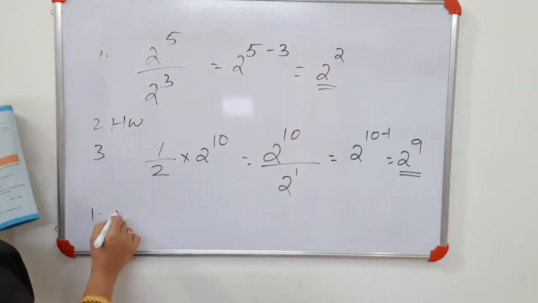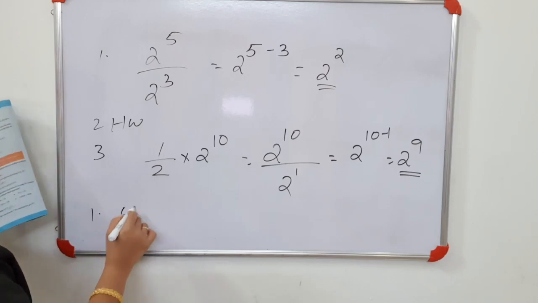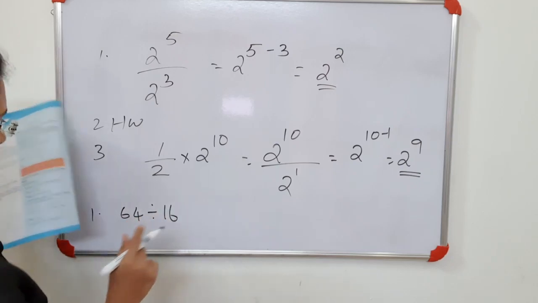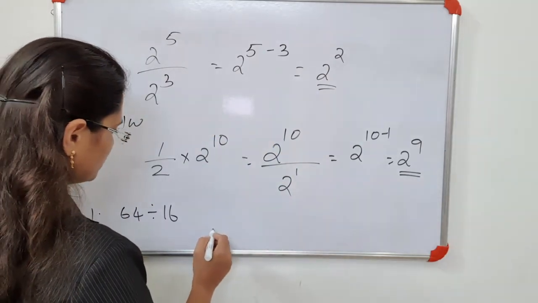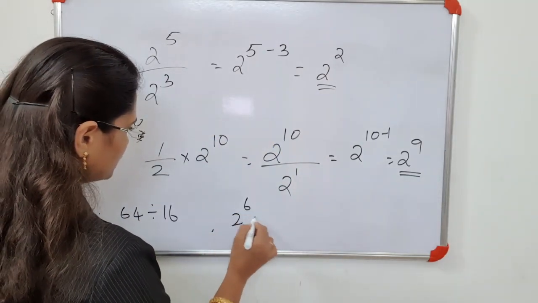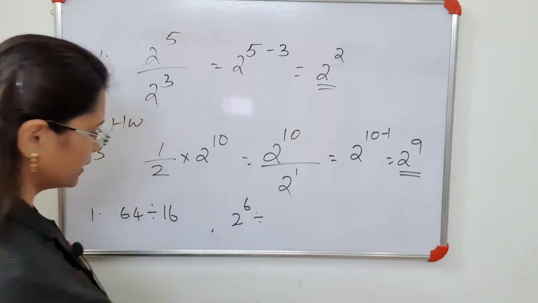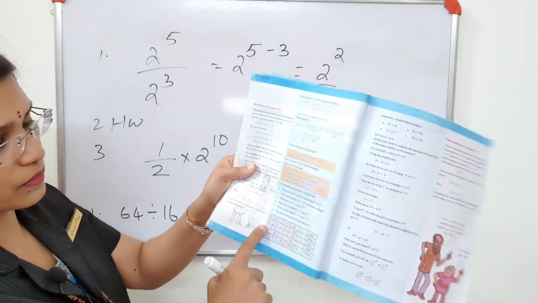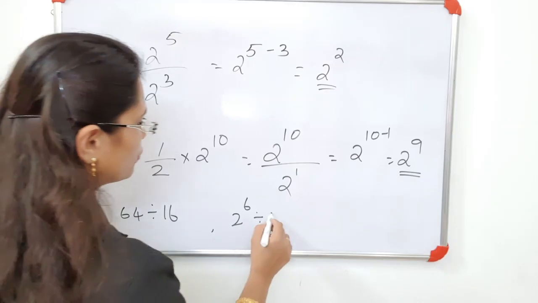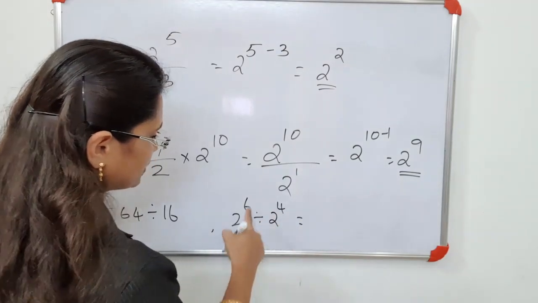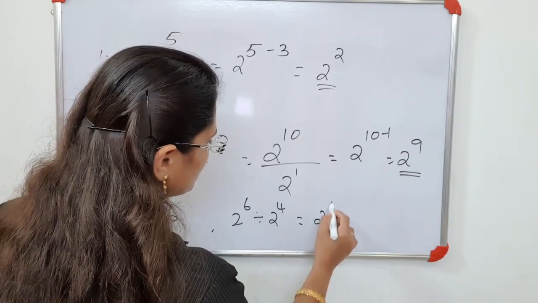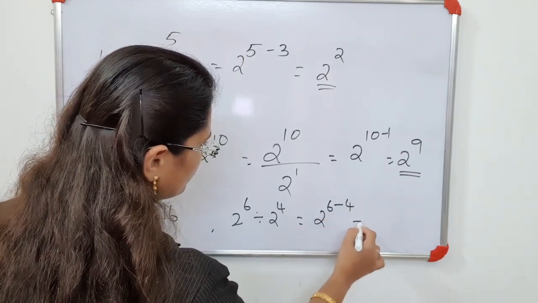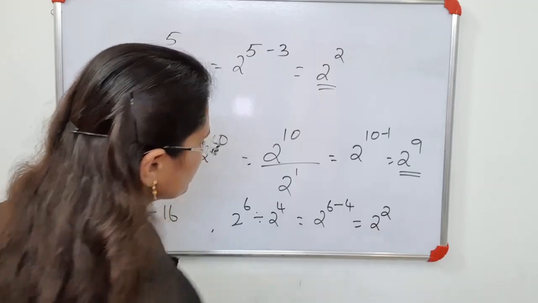In that table, the first question is 64 divided by 16. 64 is equal to 2 raised to 6. So 2 raised to 6 divided by 16, which is 2 raised to 4. That means x raised to m divided by x raised to n is equal to 2 raised to 6 minus 4, which is equal to 2 raised to 2.